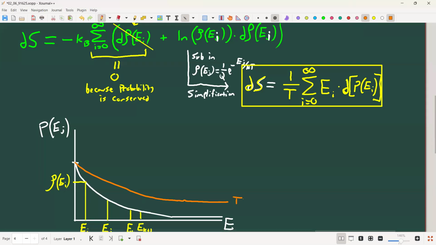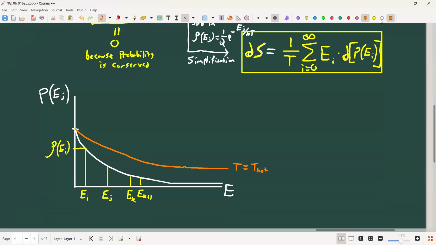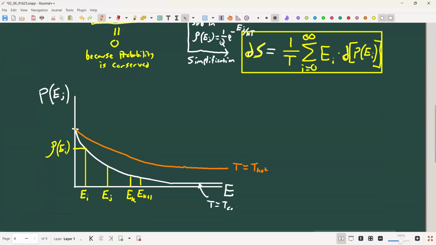This is at T equals T hot. And this one is at T equals T cold. So what happens to my system probabilistically?